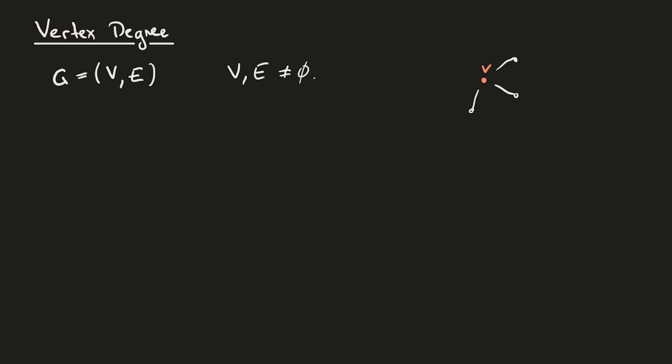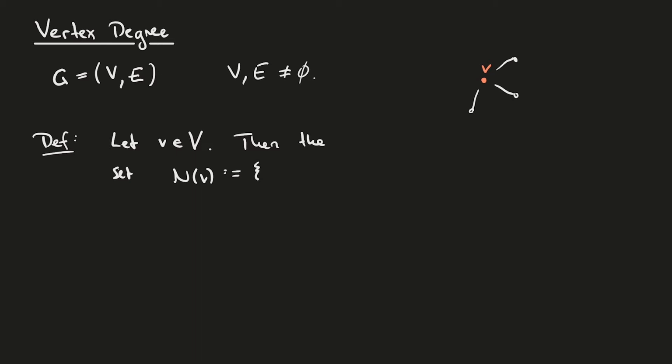Our first definition lets us refer to the vertices that are connected directly to V. And we call the vertices connected to V its neighbors. So let V be a vertex in the vertex set big V. Then the set N(V) is defined as follows.